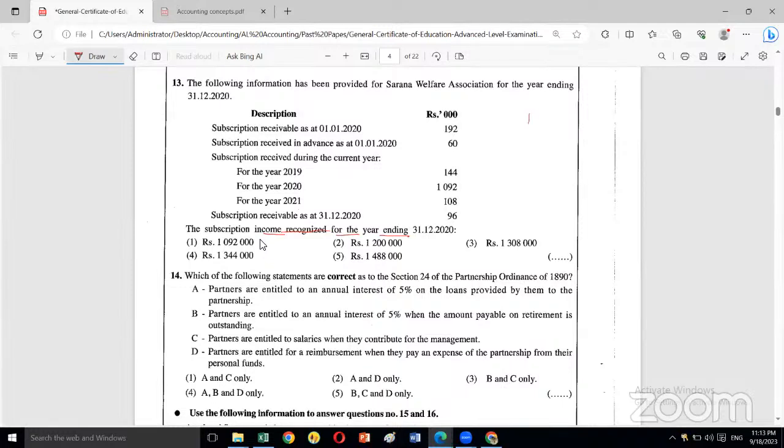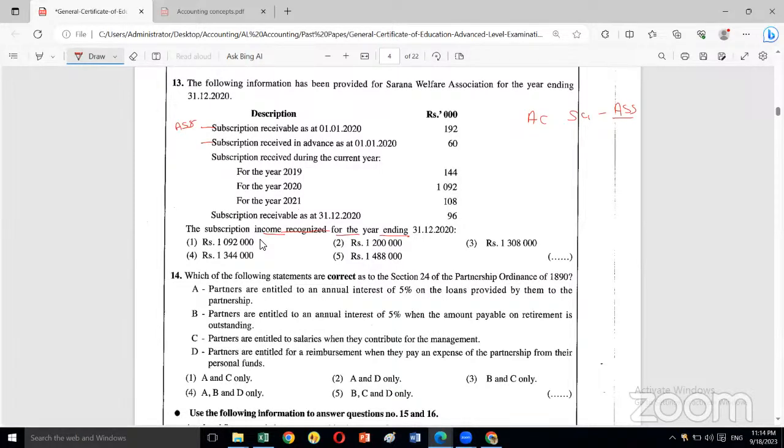Then accrued subscription, or subscription receivable, is an example of an asset. Accrued subscription means subscription to be received, so accrued income should be recorded as an asset.